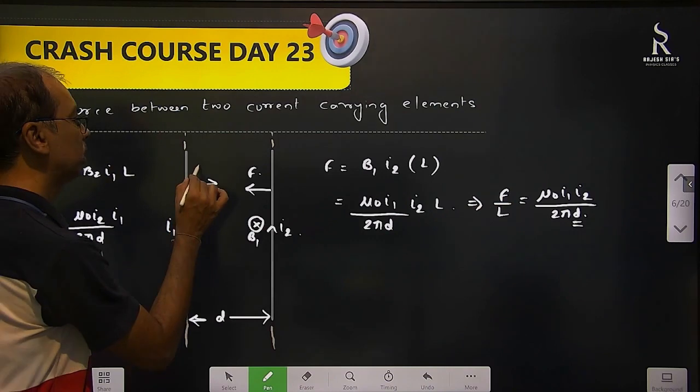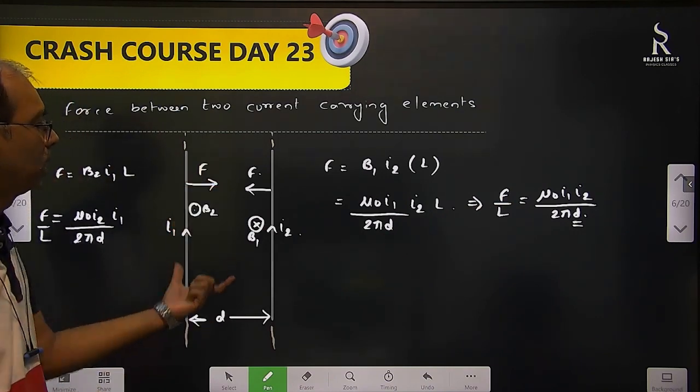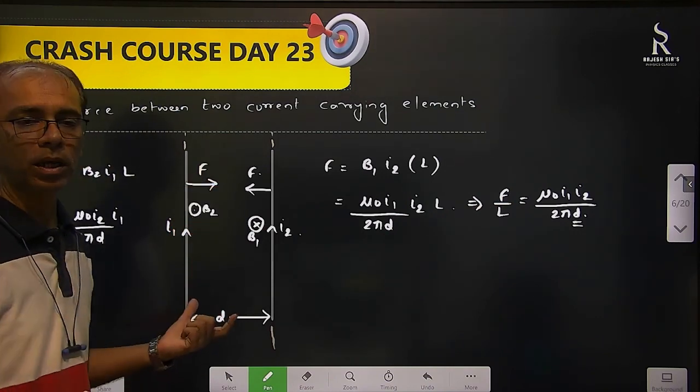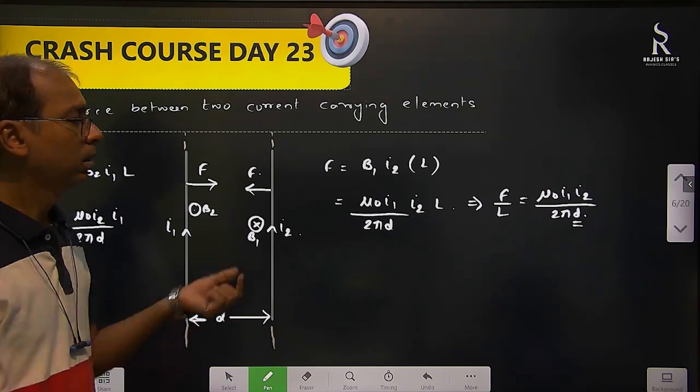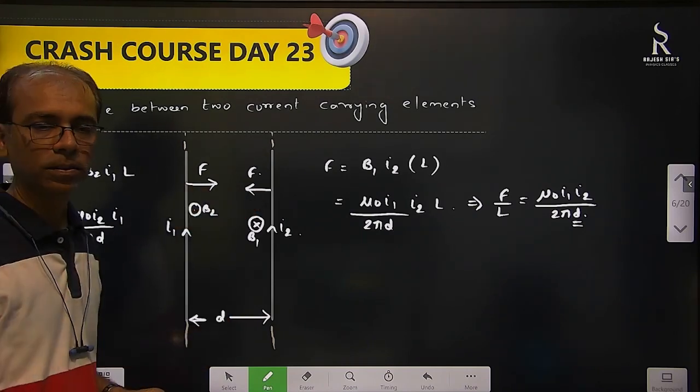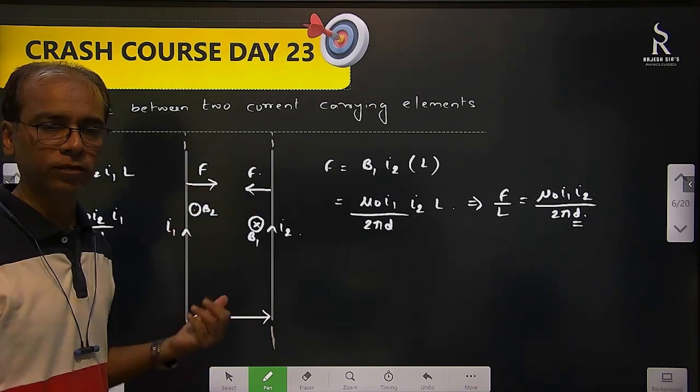So we say that if two parallel wires are carrying current in the same direction, they attract each other. This is action, this is reaction, as action reaction force, magnetic force.